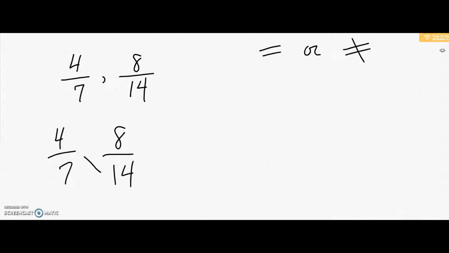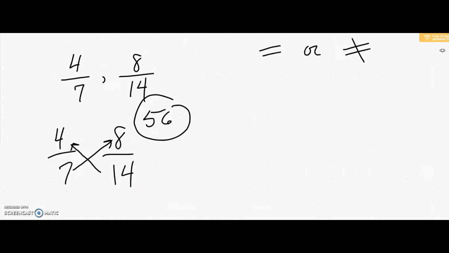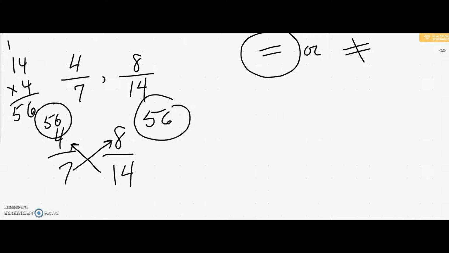Once I cross multiply, I do 7 times 8, I get 56. And then if I do 14 times 4, I should also get 56. So that means these ratios are equal.